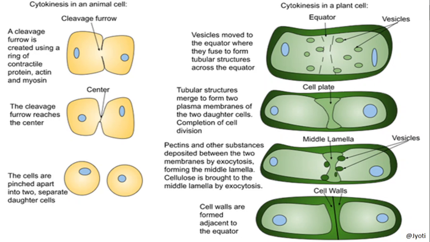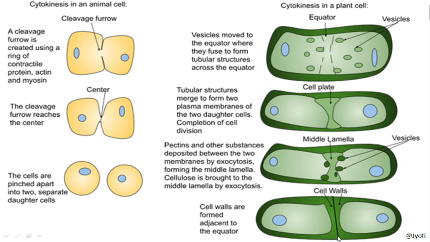From the cell only, the pectins and other substances which constitute the cell wall are released from the cytoplasm and it forms the cell wall. And cellulose is then brought to the middle lamella by exocytosis from the cytoplasm. Now you can see that the cell wall is formed adjacent to the equator.